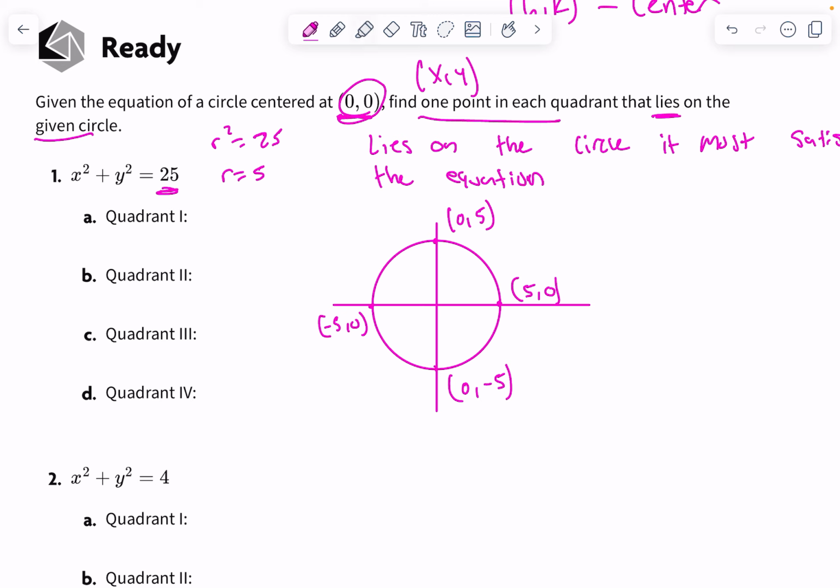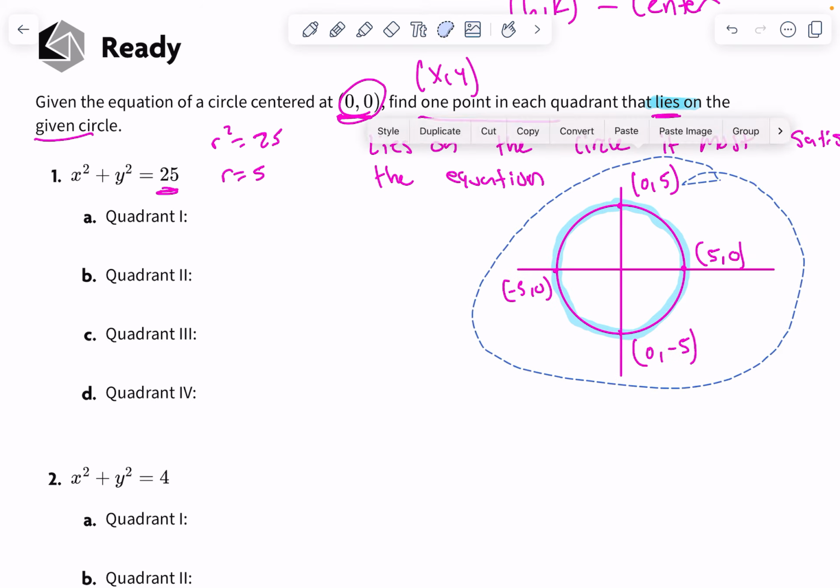Okay? So if I want to find a point that lies on the circle, that means it has to be on this, right? I don't care about it being inside. I want it to be lying on the circle itself, okay? So, quadrant one. If I'm being honest, your answers will vary. Your answers will not look the same as mine, okay?